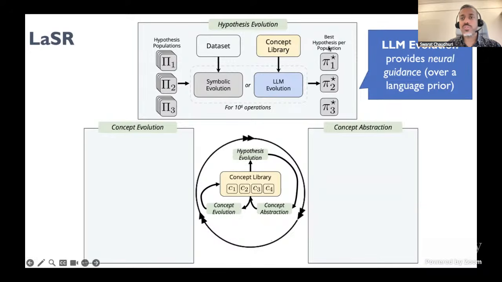Then after you do that, like in the usual evolutionary way, you are identifying the best candidates in this population. This is where you use the fitness function, which is how well your hypothesis pool explains the data that you have. And this is where that P of D given pi comes in.